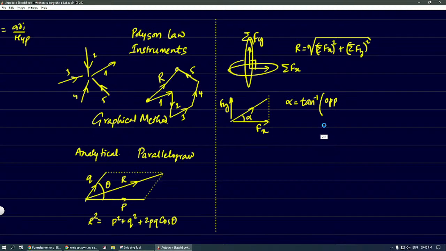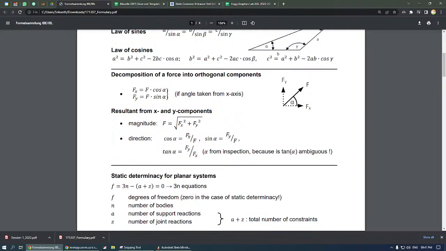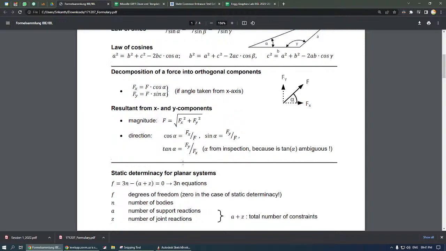The opposite here is Fy, divided by Fx. So this is called direction. If you know the values of F and Fx, you can use cos alpha. If you know Fy and F, you can use sin alpha. Or if you don't know F and just know Fx and Fy, you can use tan alpha.